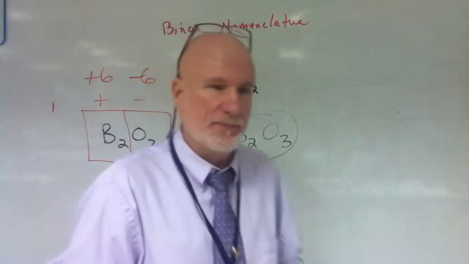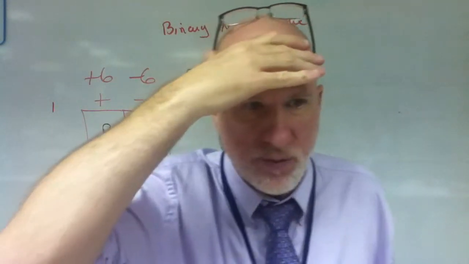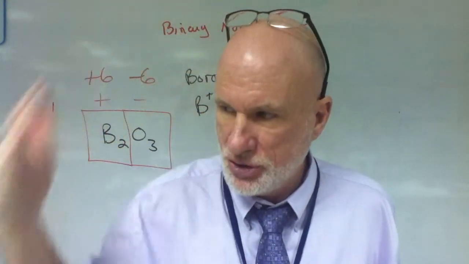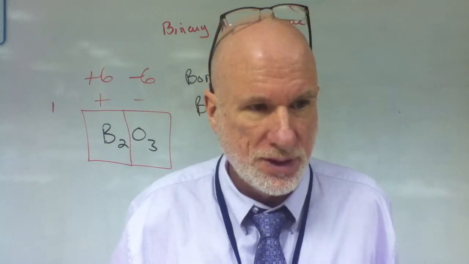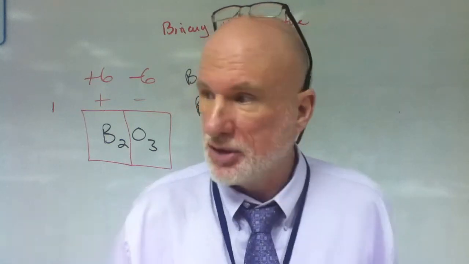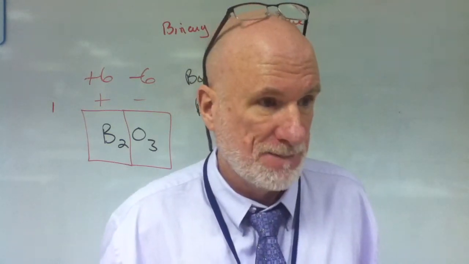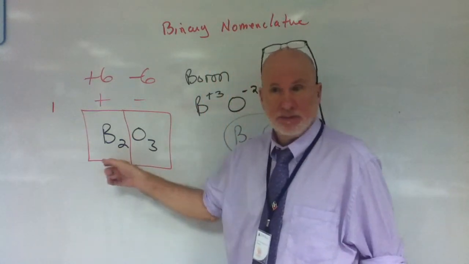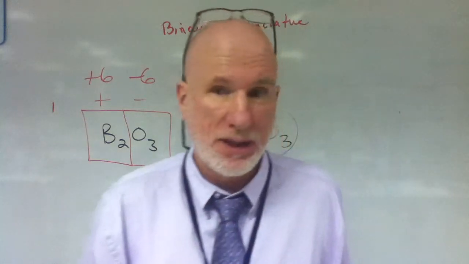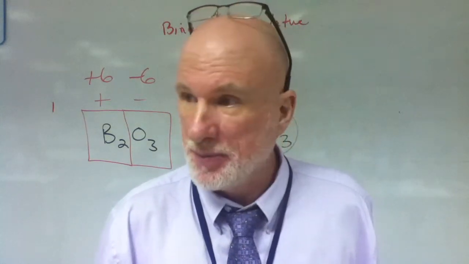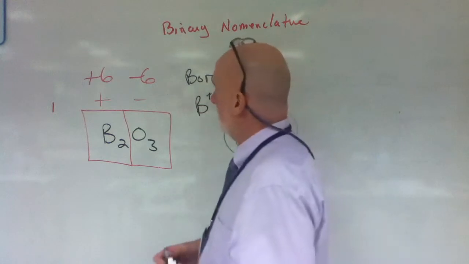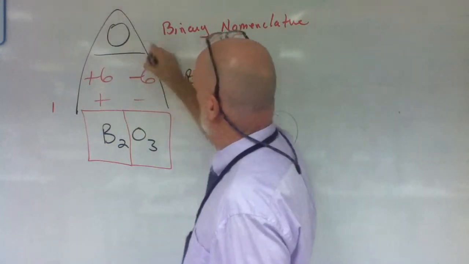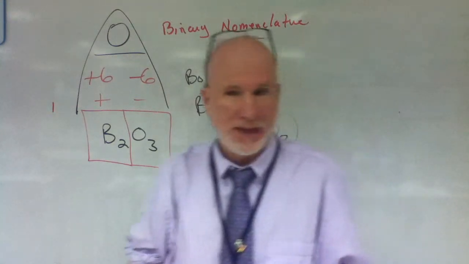So I used a ratio of 2 borons to 3 oxygens to come up with the least common multiple of 6. Is that the smallest ratio? Yes. That's the smallest combination whereby the total charge is 0. You see that? Yes?